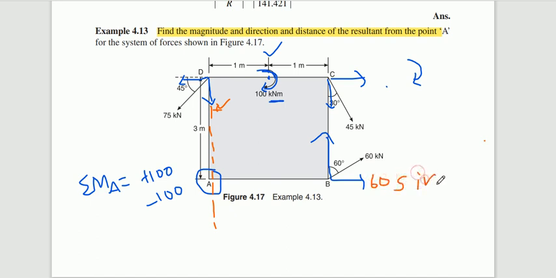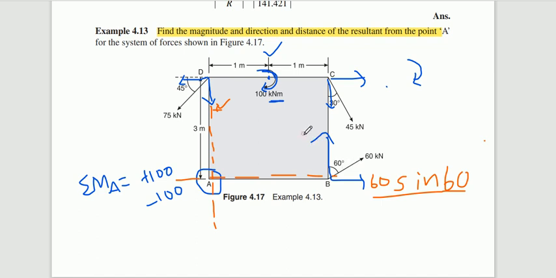Sine 60 is the horizontal component, because the force makes an angle of 60 degrees with respect to the y axis. Therefore the y component is cos, and the x component is sine. Moment due to this force about point A will become 0 because it is passing through this point only, and the remaining moments will exist.